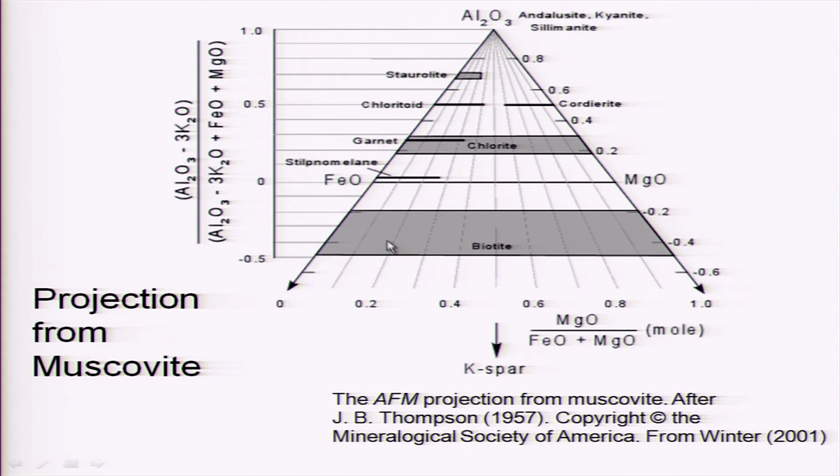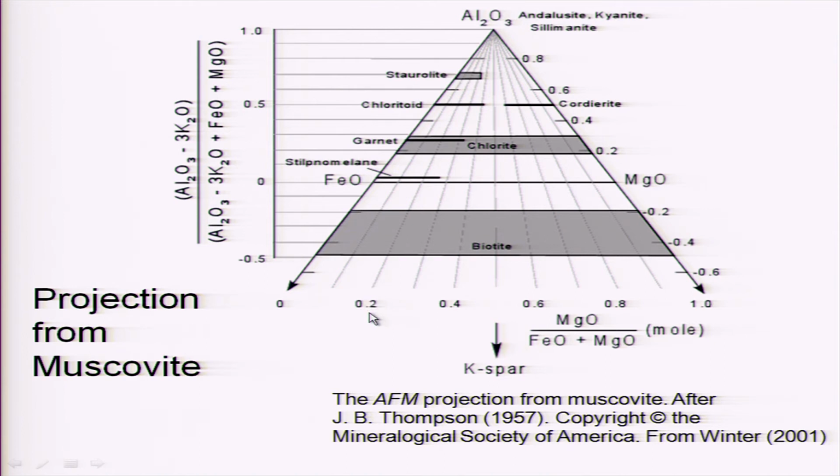That, in mole percent, is plotted on the FeMg line, and that is connected to the Al2O3 line. All along this radiating line, the alumina index, the FeO by MgO ratio is the same.